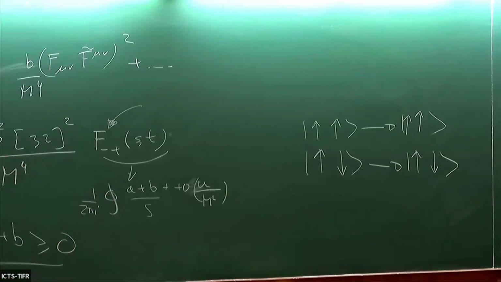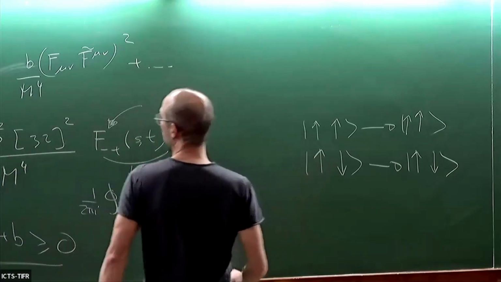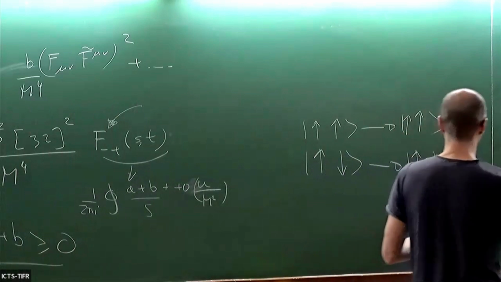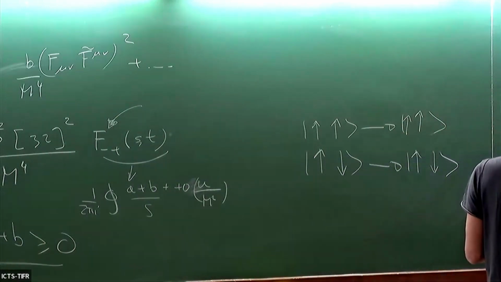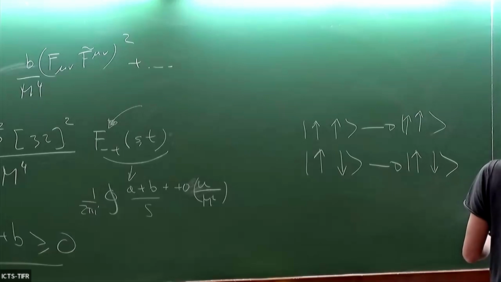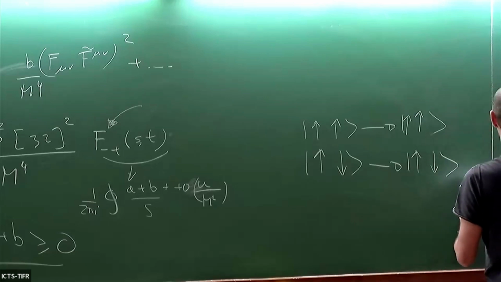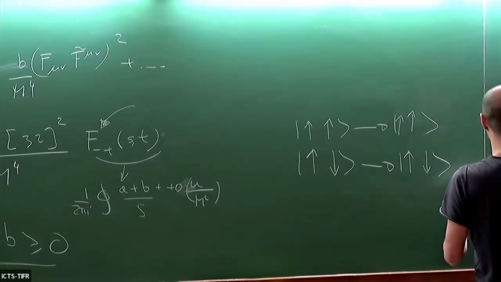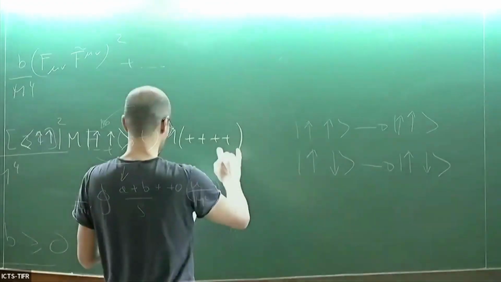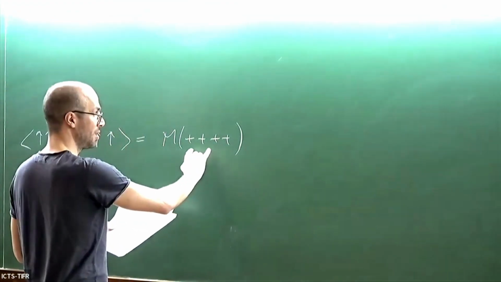The nice thing about taking linear combinations is that you're going to pick up these pieces, since they are written, for example, let me give you an example. For this one, linear polarization all up, the amplitude is plus, plus, plus, plus, which is not elastic, this is helicity flipping.